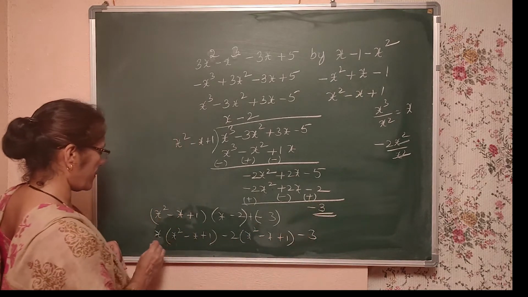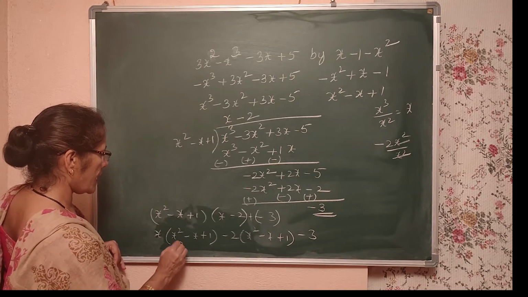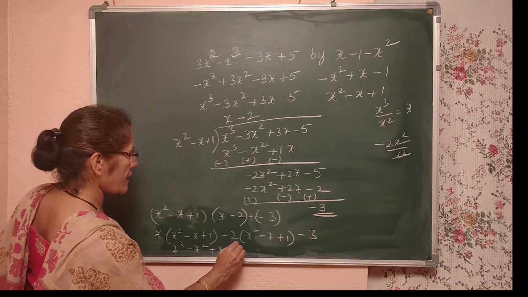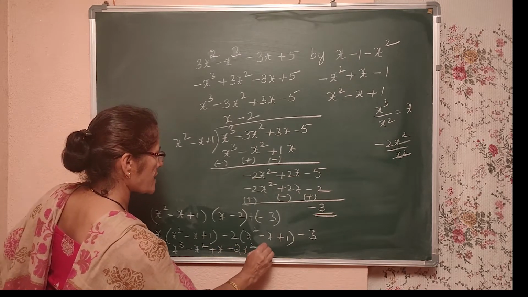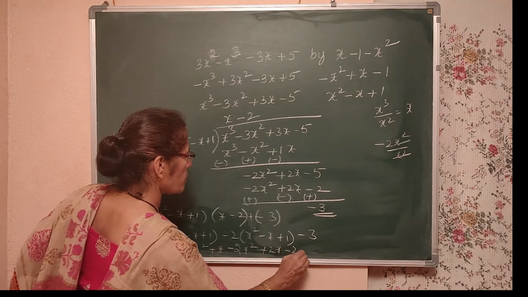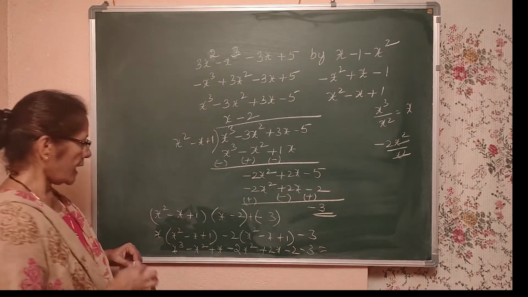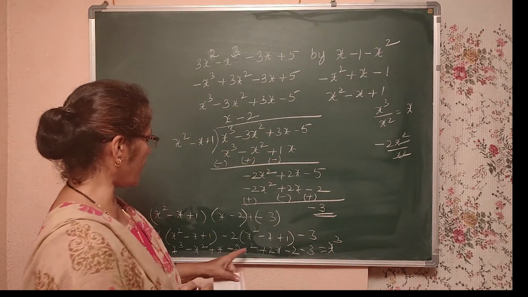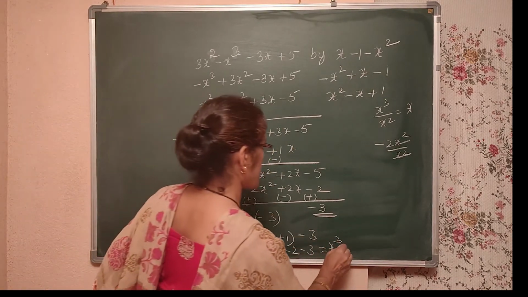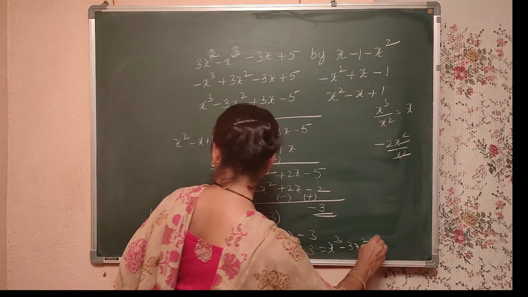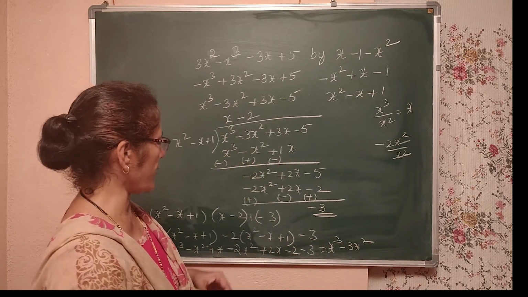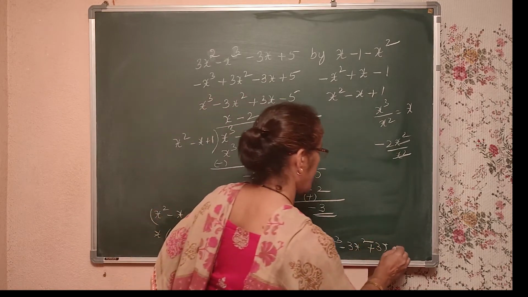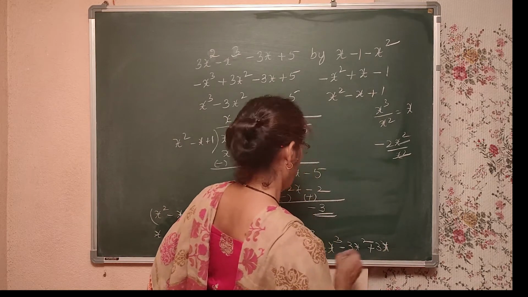What is the answer you get? x cube minus x square plus x minus 2x square plus 2x minus 2 minus 3. What is the answer you get? x cube, right? Minus x square minus 2x square is minus 3x square, plus x plus 2x is 3x, minus 2 minus 3 is minus 5.